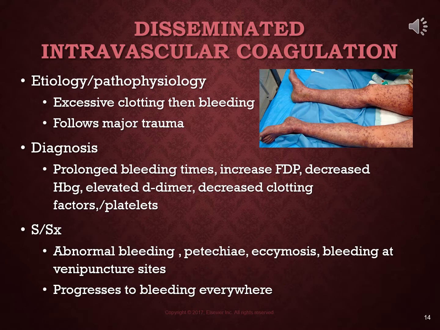It can develop secondarily to another disease process. It often follows a major trauma. It can follow overwhelming infection and sepsis, or OB complications; this is a complication that you will see postpartum. It can happen with cancers, severe burn or crush injuries, and leaking of intestinal contents.